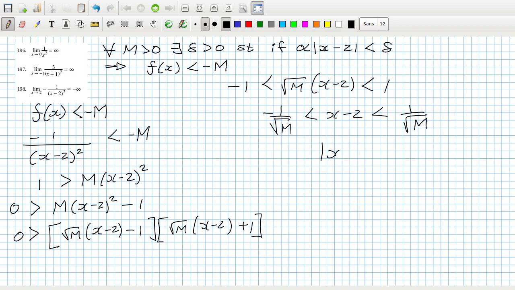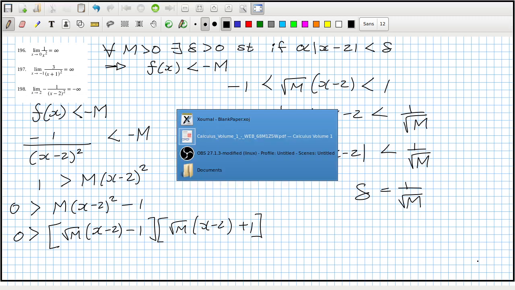So absolute value of x minus 2 less than 1 over root m. So the delta is 1 over root m. Okay, I think that's okay for 198.